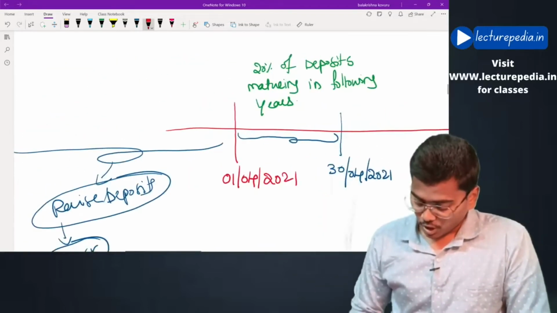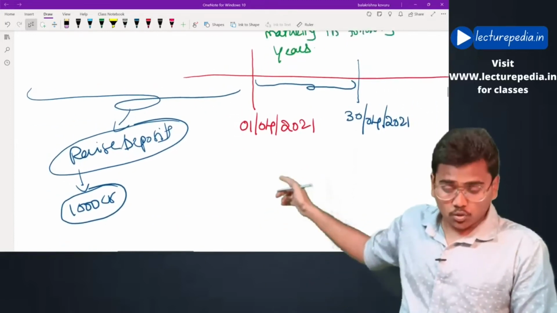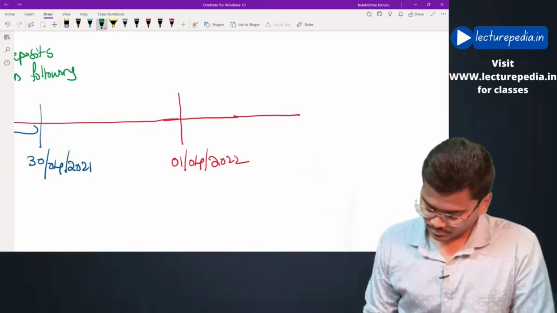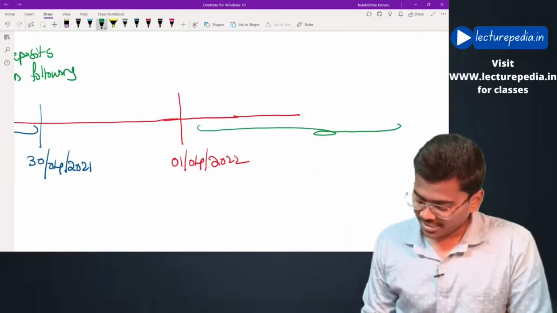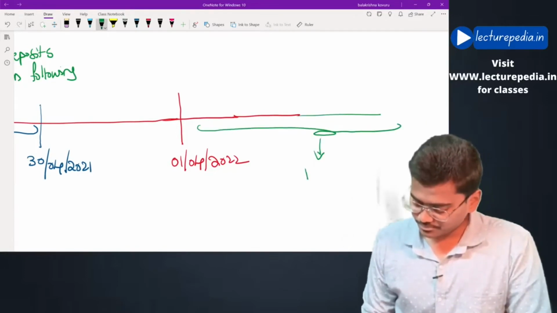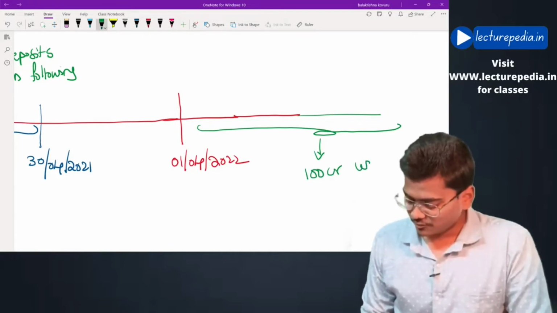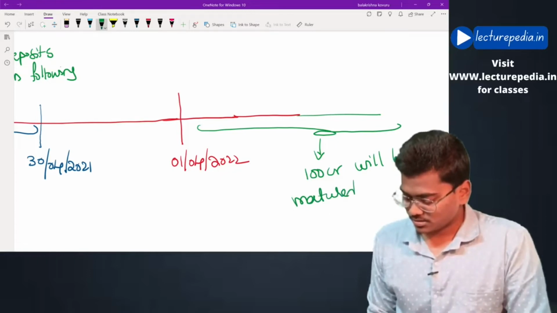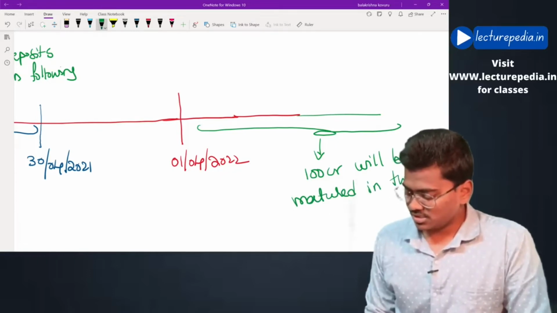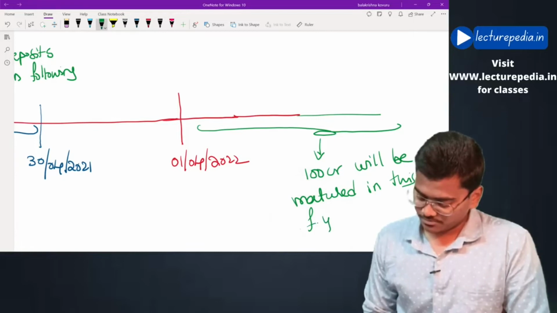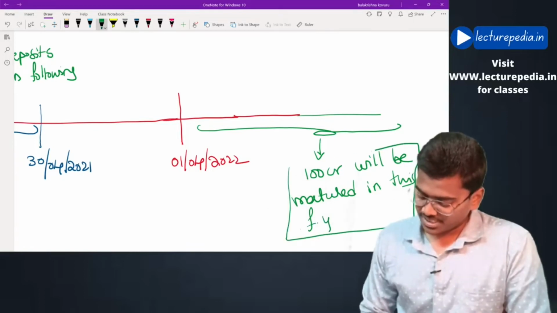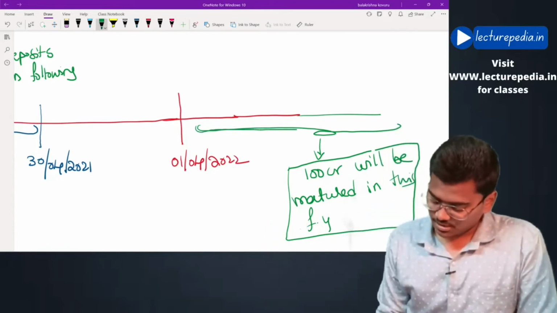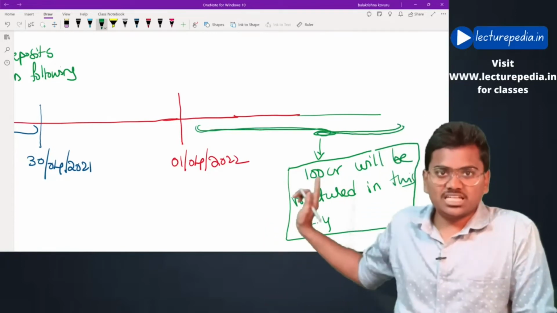Now, of these 1000 crores, 100 crores will be matured in this financial year. The company has to repay 100 crores of deposit in this financial year. Their maturity date is falling in this financial year.